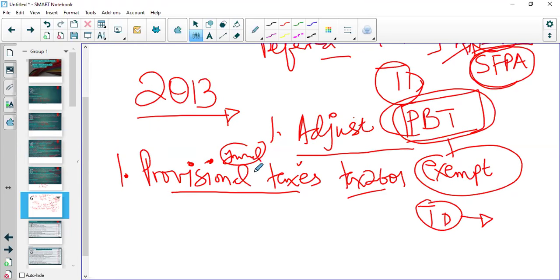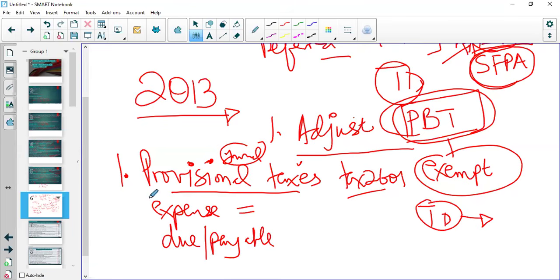And a question could say, calculate current tax expense. So you just calculate the expense. Sometimes the question says, calculate the current tax due or calculate the current tax payable. Now, they are not just requiring you to calculate the expense.